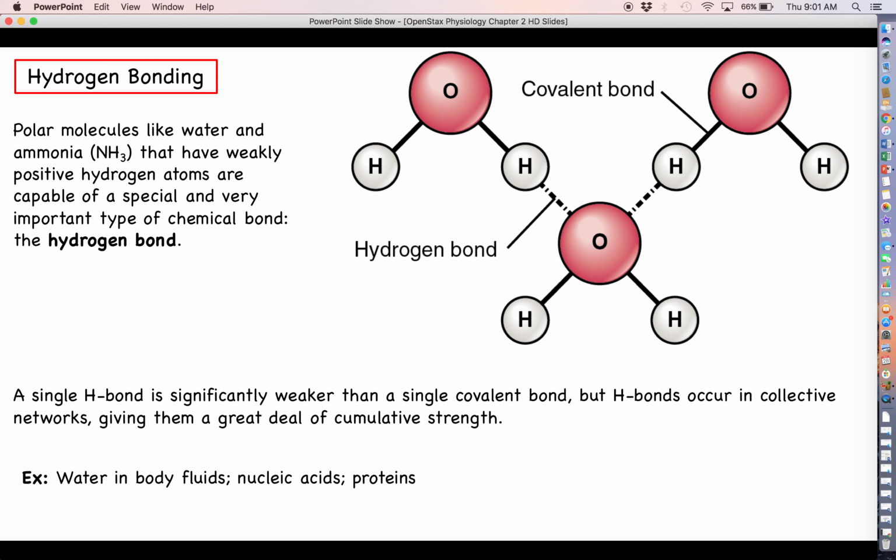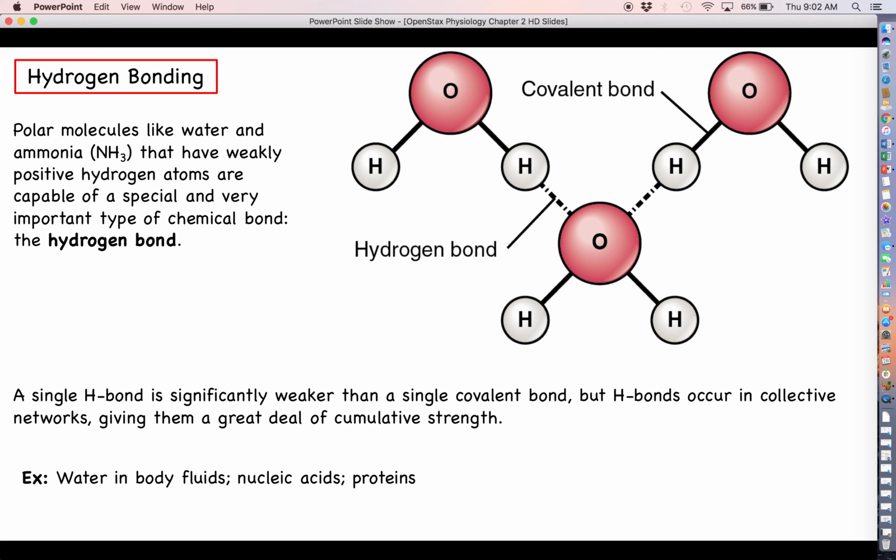But the significance of hydrogen bonds is that they do not occur one at a time. Hydrogen bonds tend to occur in networks. So if you have a glass of water with almost countless numbers of water molecules contained within, each water molecule is forming several hydrogen bonds, somewhere between 2 and 4 each.